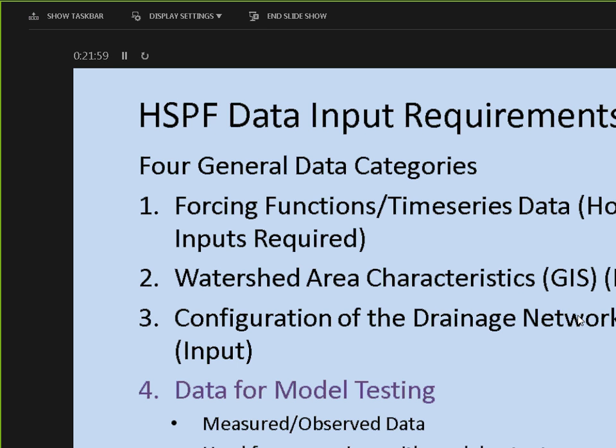There's also the watershed area characteristics, much of which can be gleaned from GIS layers. There's the information that we use to help determine the configuration of the drainage network, and those three things are all model inputs. We also need data for model testing, and that's essentially observed data that we're trying to match up with simulated outputs, things like flows and water quality concentrations. We do that to evaluate how well the model is calibrated.